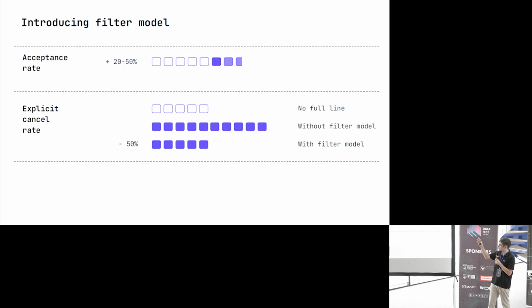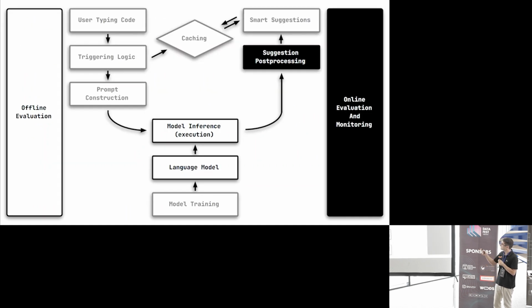So we were able to combat this negative metric. As you can see from this schema, if we use full-line code completion without filtering, the negative metric explicit cancel rate doubles. It means that annoyance increases 2 times, which is unacceptable. And by using the filter model, we were able to bring it back. And the price we had to pay for that is a drop of the total number of full-line code completion selections by 20%. And that is our approach to suggestion post-processing.